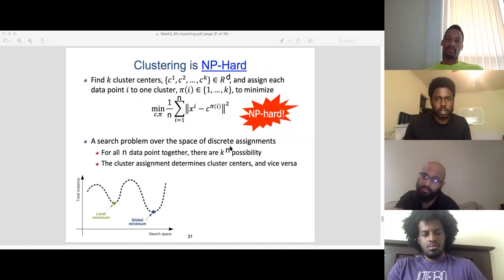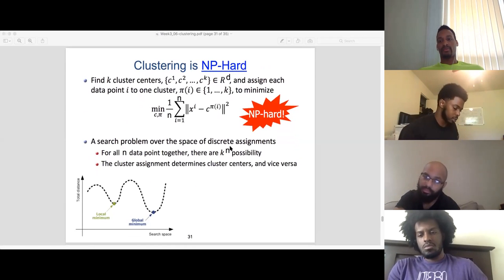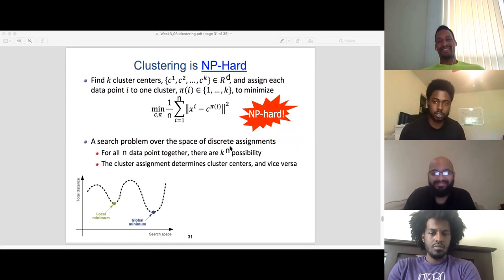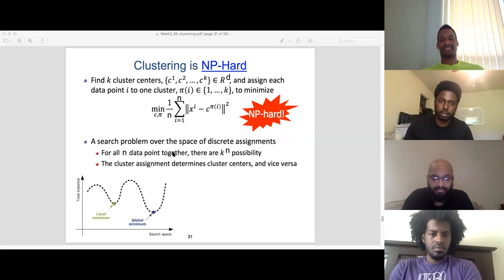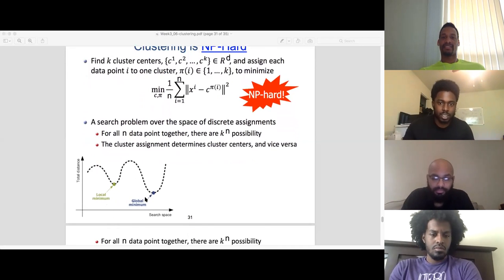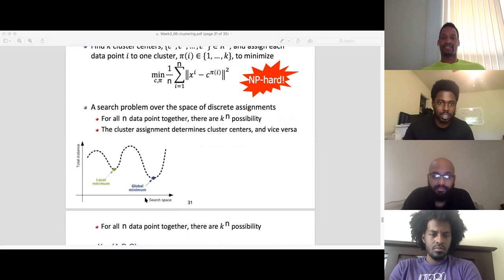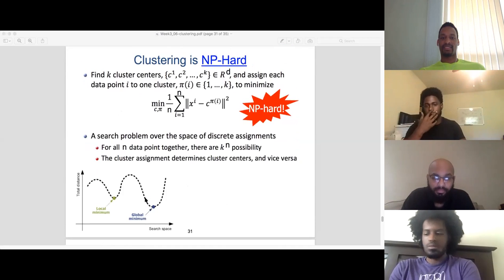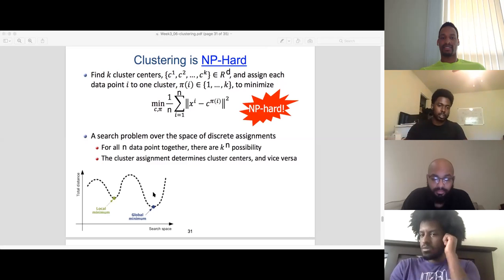Clustering is NP-hard. I've tried to wrap my head around what NP means, but I don't have an advanced enough understanding to describe this. Essentially there's a lot of clustering possibilities.